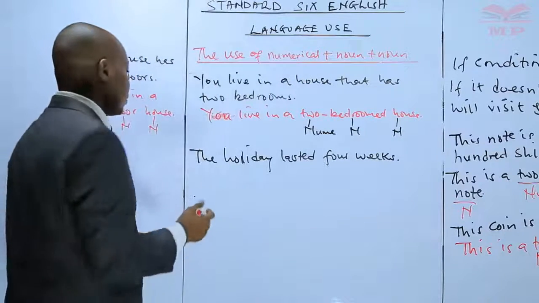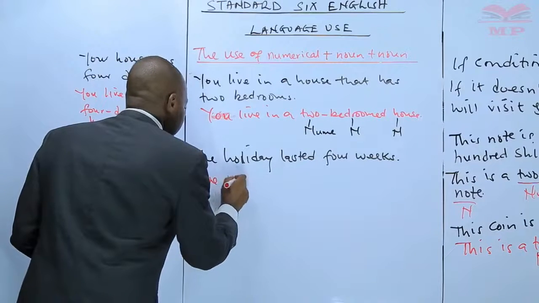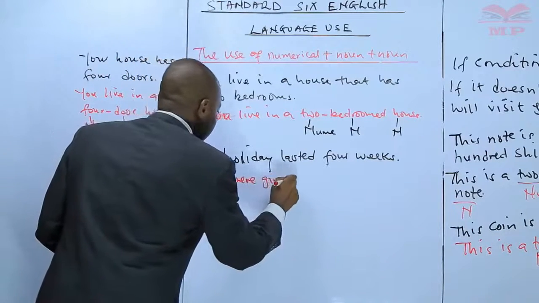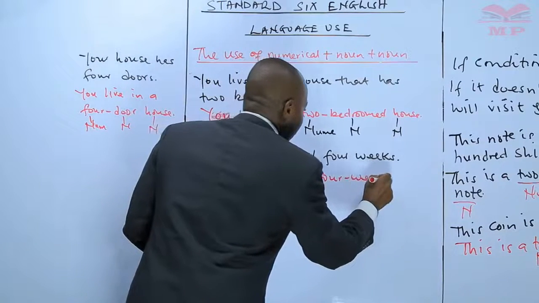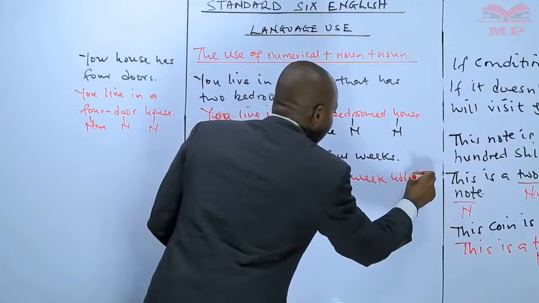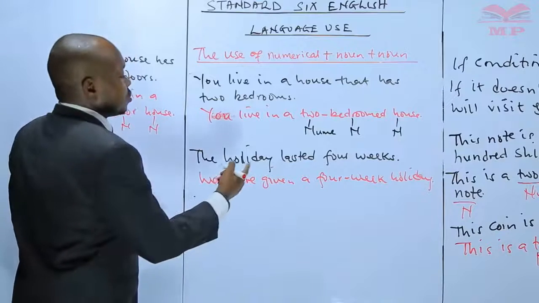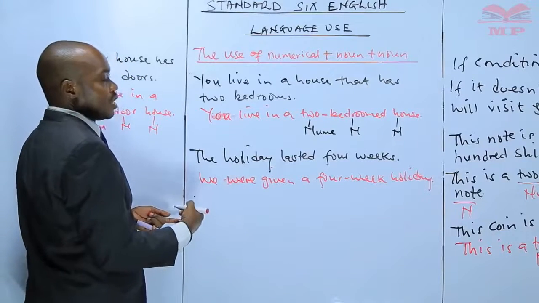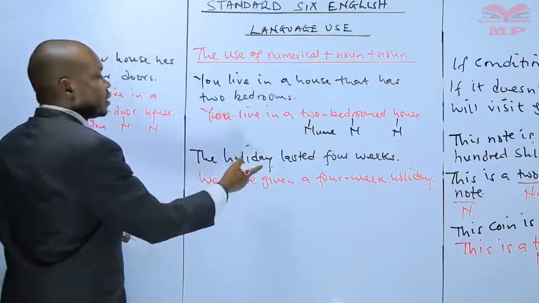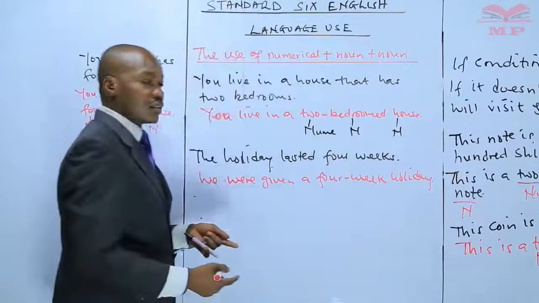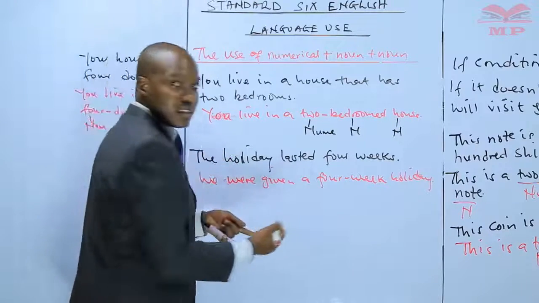So we can say we are given a 4-week holiday. This is how you change the sentence. So we say we are given a 4-week holiday. The holiday lasted 4 weeks. Okay, so you change. We are given a 4-week holiday.